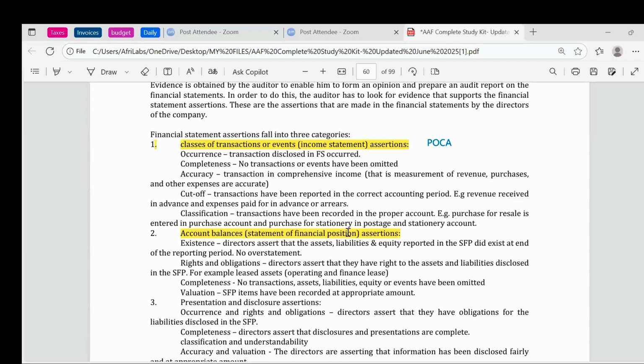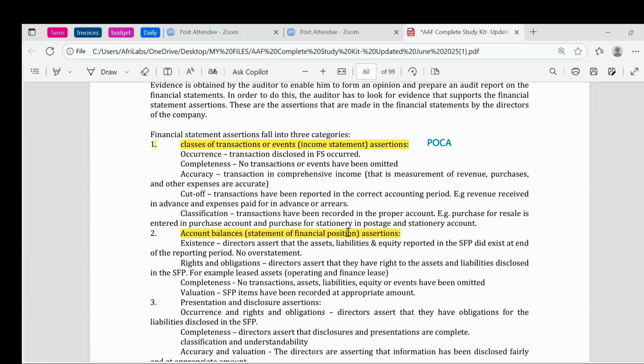Yes, ma'am. So let me ask you a tricky question. If you were asked to prove validity of payroll, you should do audit procedures for payroll. Which assertion are you using? When you say which category of assertion, is it income statement or SOFP?